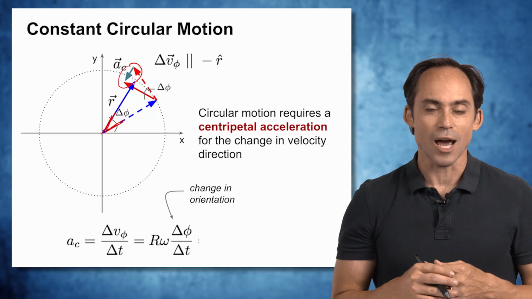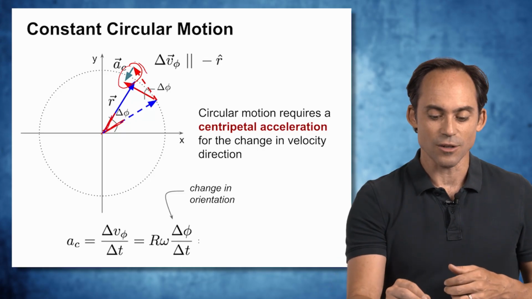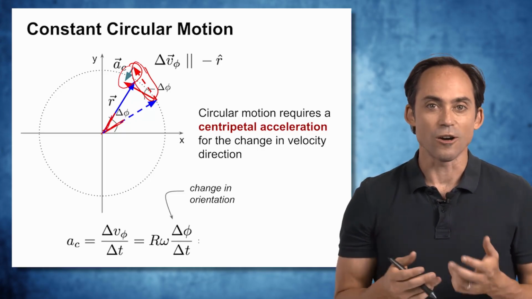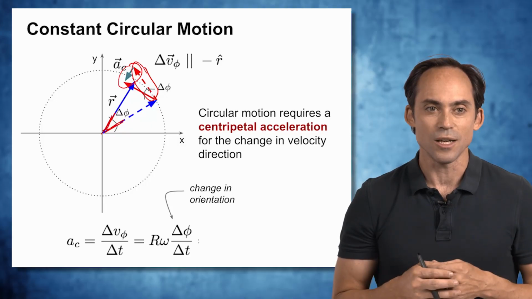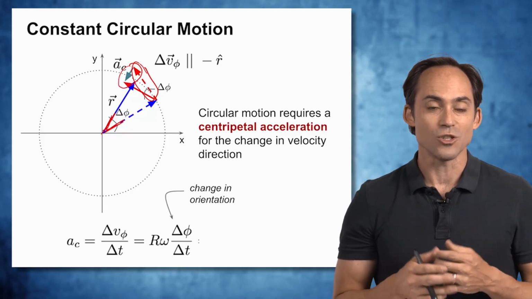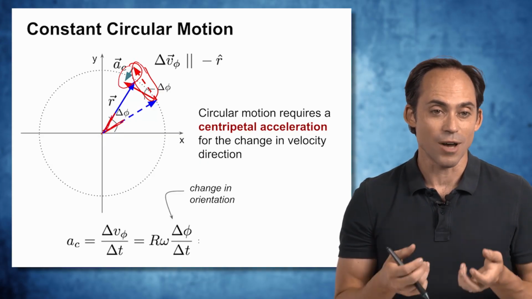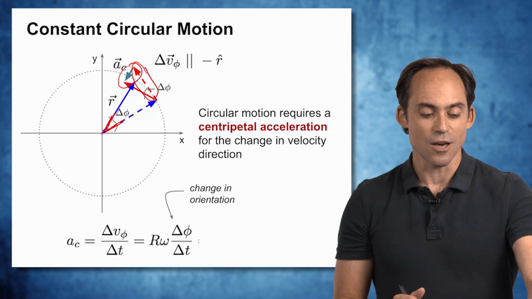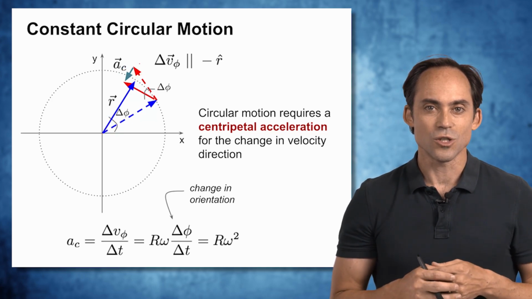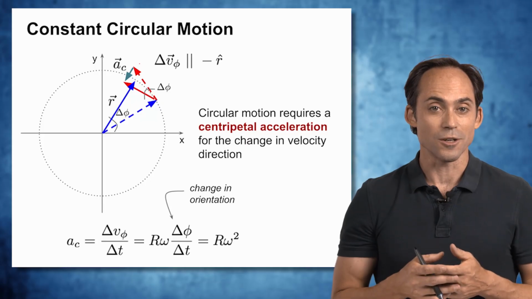And so that's just described by the length of this vector, which is r times omega, the angular speed, times the change in angle. That's the change in velocity. And now we divide by time, we get another factor of omega. So our centripetal acceleration is just r times omega squared.